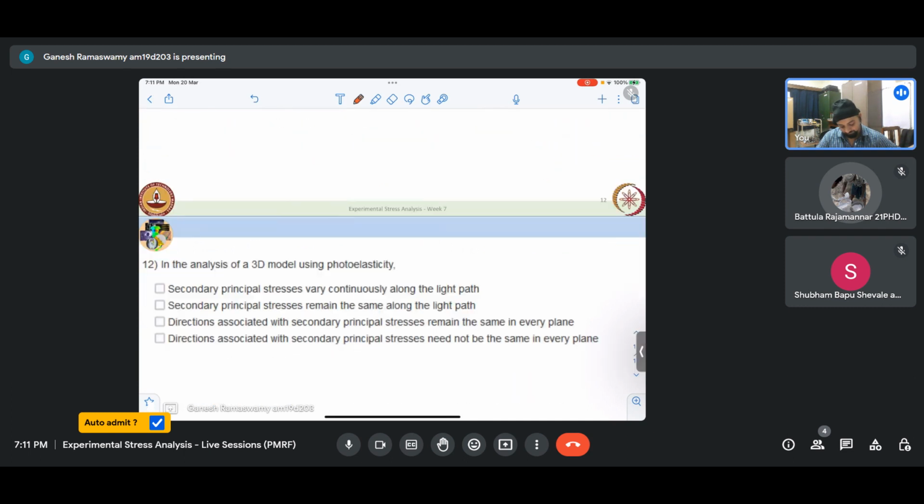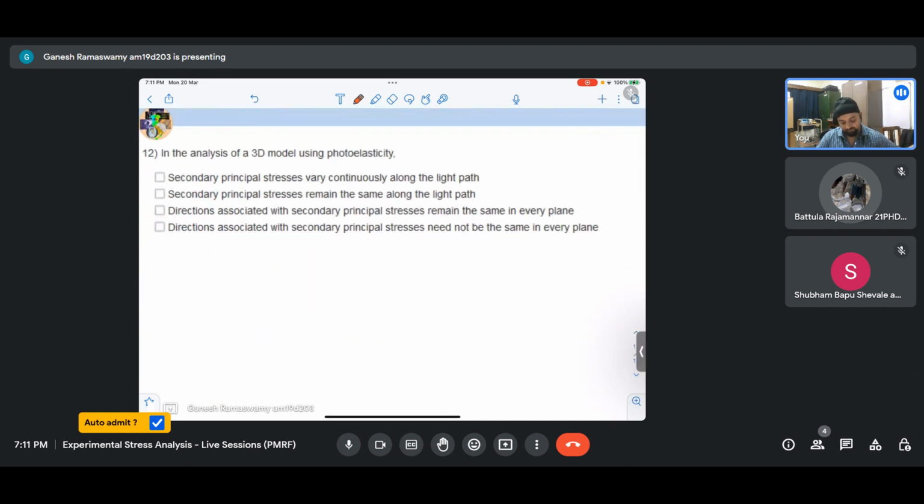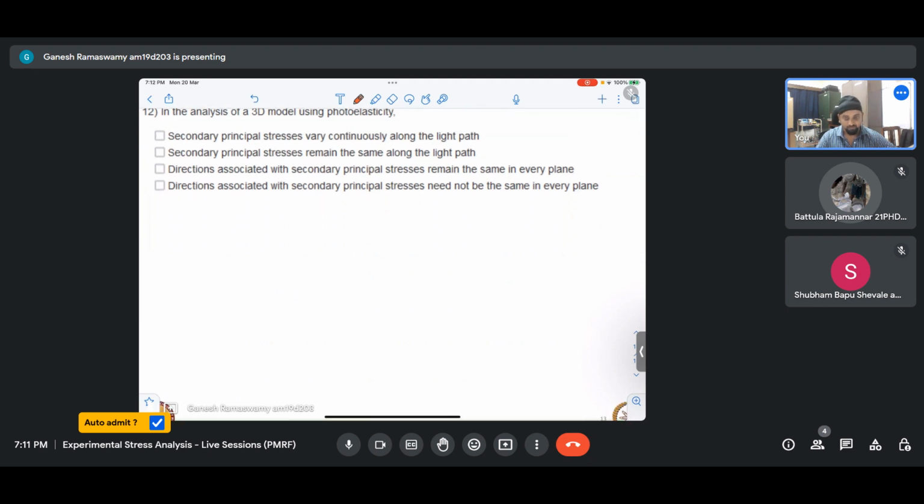In the analysis of a 3D model using photoelasticity, secondary principal stresses vary continuously along the light path. Secondary principal stresses remain same along the light path. Direction associated with secondary principal stresses remain the same in every plane. Directions associated with secondary principal stresses need not be the same in every plane. So basically, what are these secondary principal stresses?